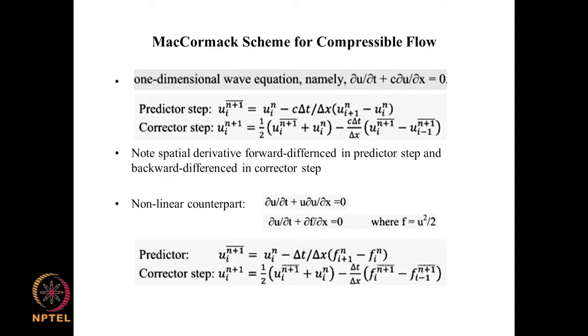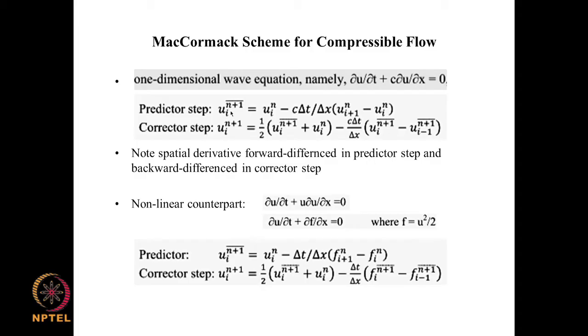For this equation, the McCormack method solves it in a two-step process, as a predictor step and a corrector step. We have seen FTBS, FTCS and those kinds of approximations for this, but this is a more advanced method which will help us deal with the nonlinearity when we extend it to the real case.